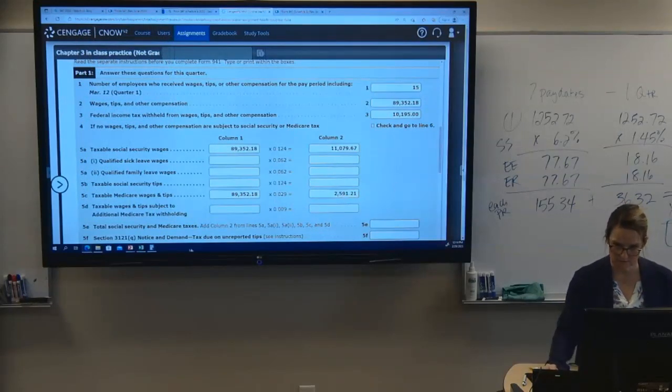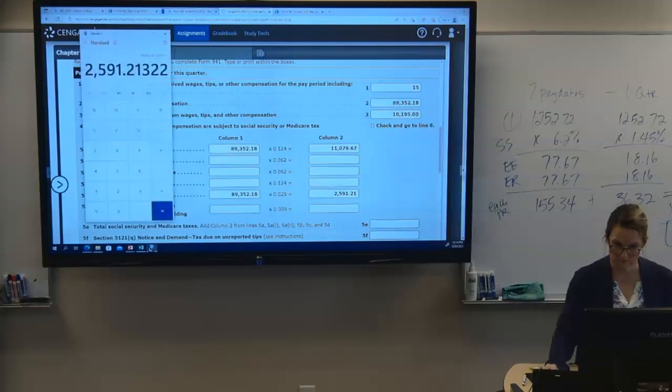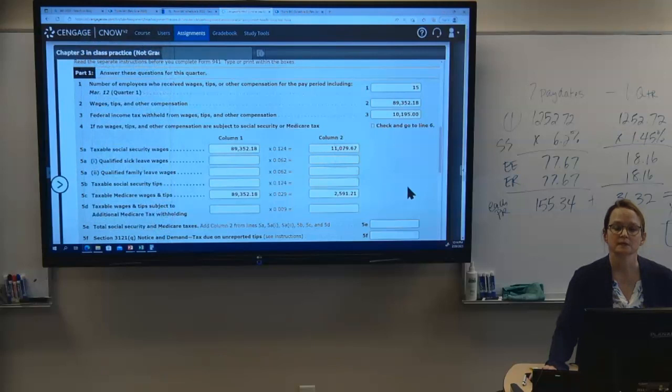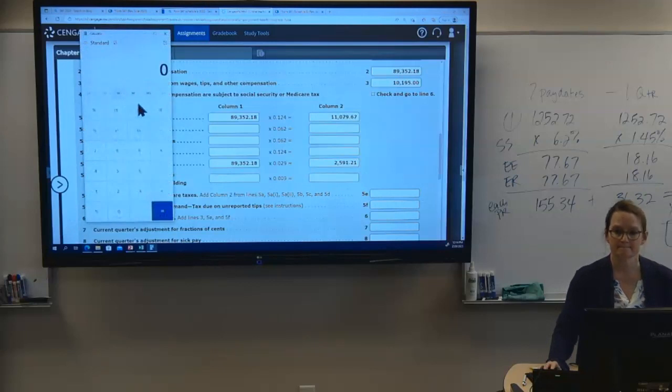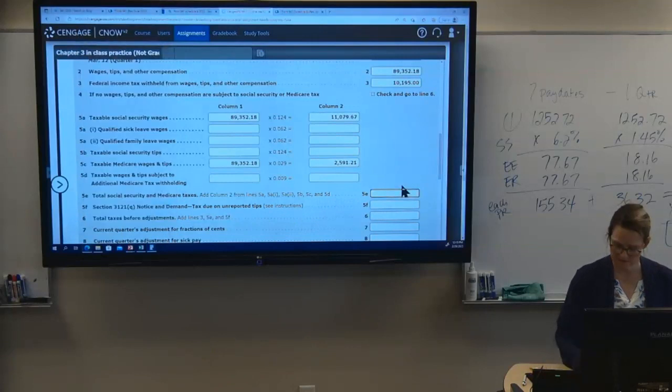Is that right? Okay. That's all we need to do there, but now we need to total up the total Social Security and Medicare taxes. So we're going to add these two together. Plus 13,670.88.